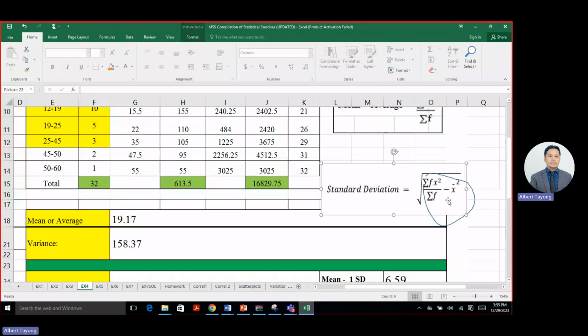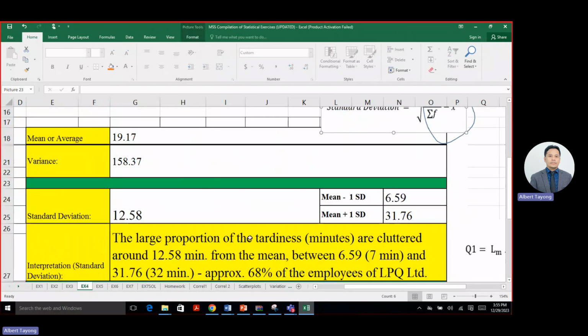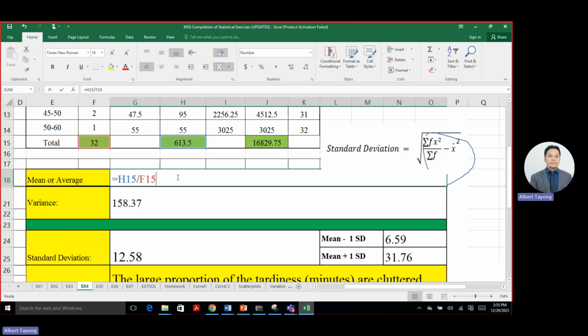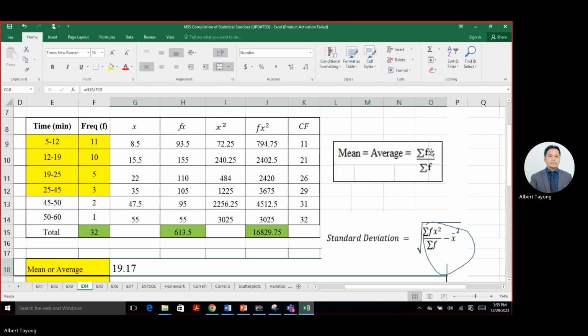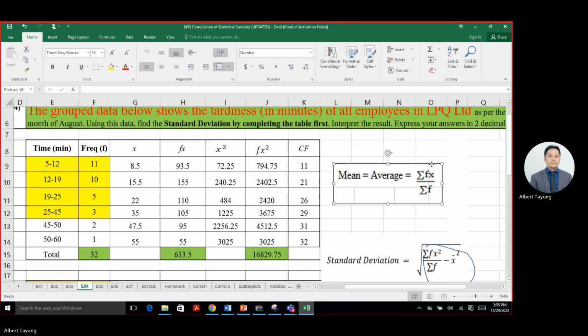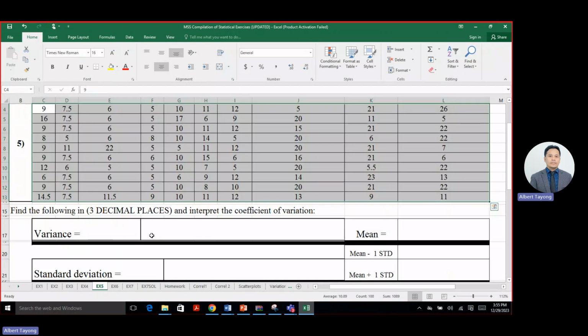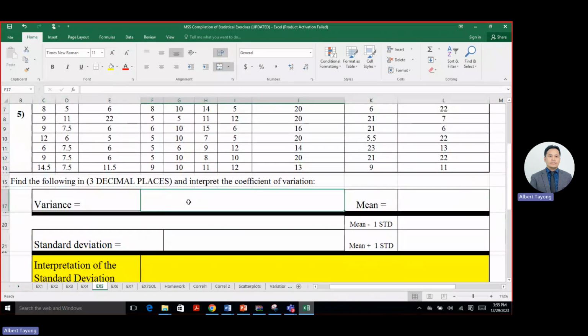We are not going to use this formula and this formula also, sigma fx over sigma f, either. So what we'll be using is a different technique. We're going to use functions.